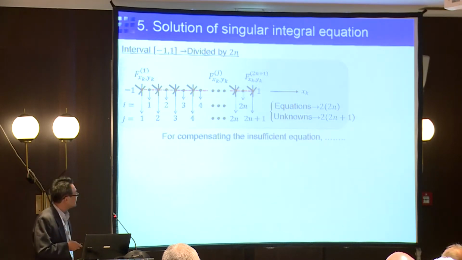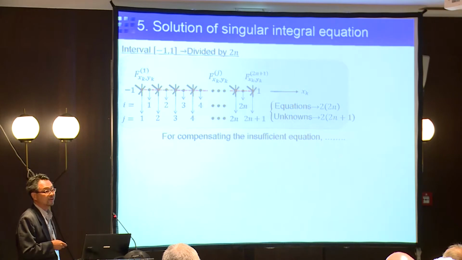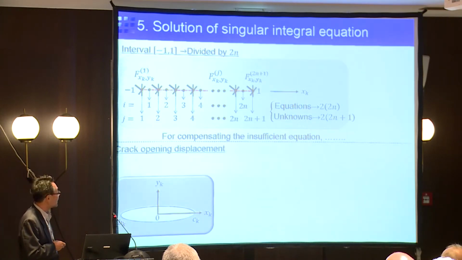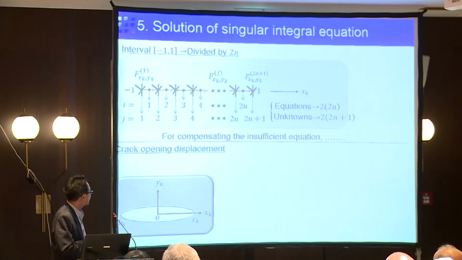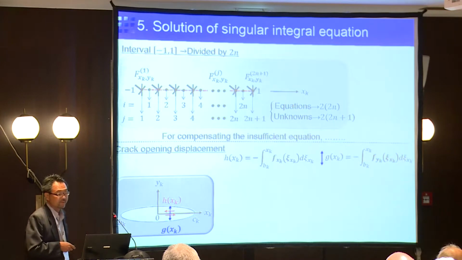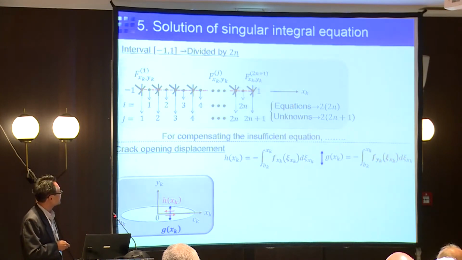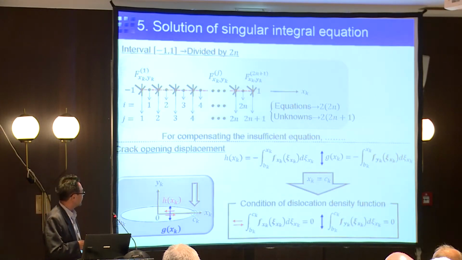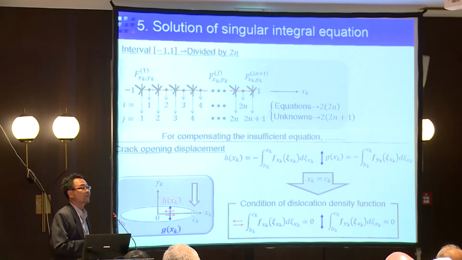For compensating for this insufficient equation, we need to consider another condition. That is the Plankov displacement as shown here. This integral equation indicates the component of the Plankov displacement. By using this, we have the condition of the dislocation density function. Using that, we can completely solve the singular integral equation.